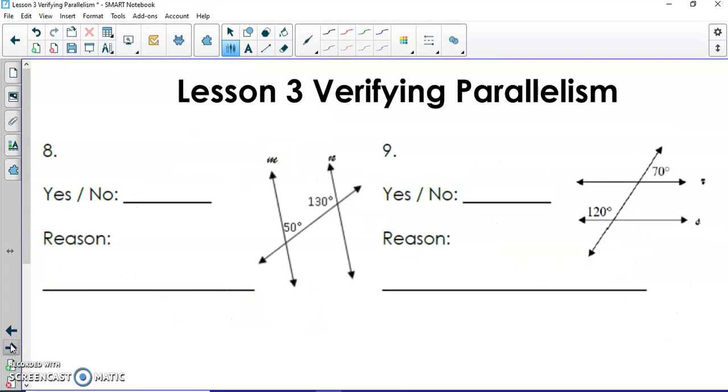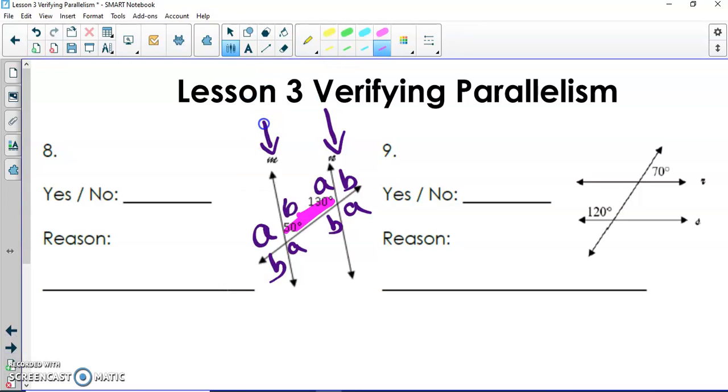Okay. Number 8, we've got this beautiful diagram. I have one that's touching on line M and one that's touching on line N. I have my A, my B, my A, my B. I'm just going to keep labeling. Inside of here, I've got my A's and my B's. So I have an A and a B. They have to add up to 180 degrees in order to prove that I have parallel lines.